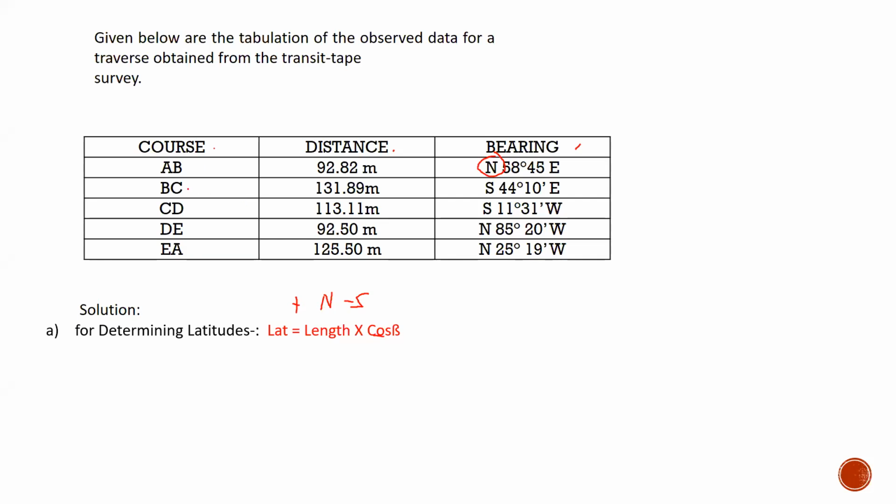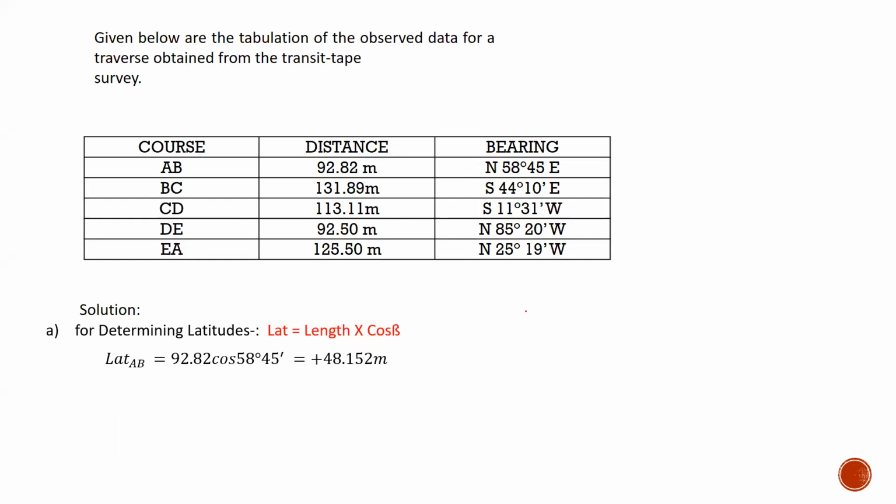How about the course BC? So, length 131.89 times cosine 44 degrees and 10 minutes. Ilan yan? We have 96.61.